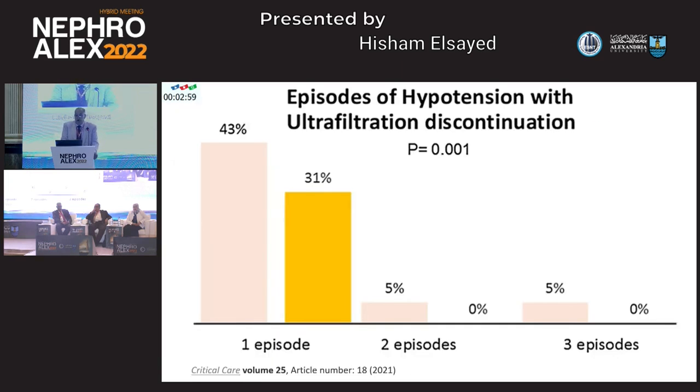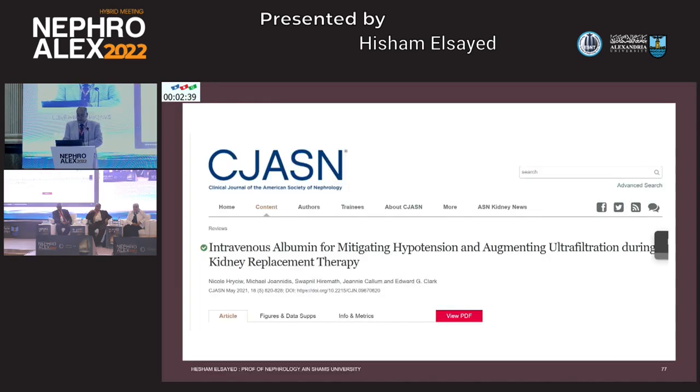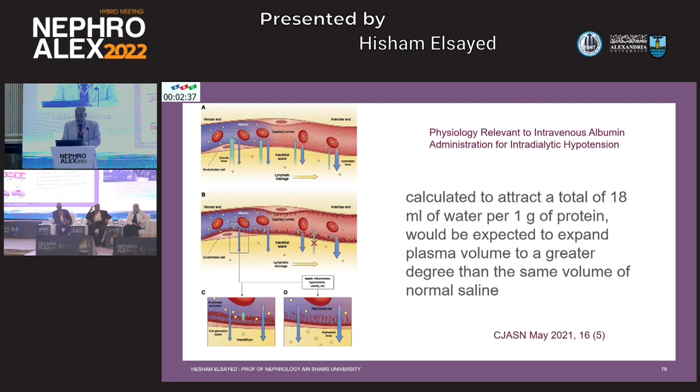Episodes of hypotension with ultrafiltration discontinuation are much better with IV albumin given immediately before the dialysis session, and the prescribed and delivered ultrafiltration volumes are better, with fewer hypotension episodes, in patients receiving IV albumin prior to the dialysis session. So there are a lot of studies.